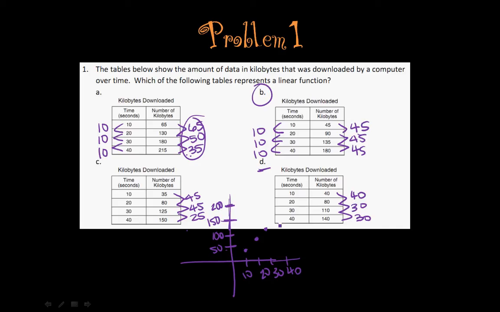And then 40 goes up to 140. So you can see this kind of starts to curve a little bit. If you graphed all of them, you would see that the only one that really goes super straight is B. And of course, if you're taking your actual test, the very last page would be graph paper. So you could actually graph these out, make them really precise, be really sure about it, and use your formula chart as a ruler, okay?